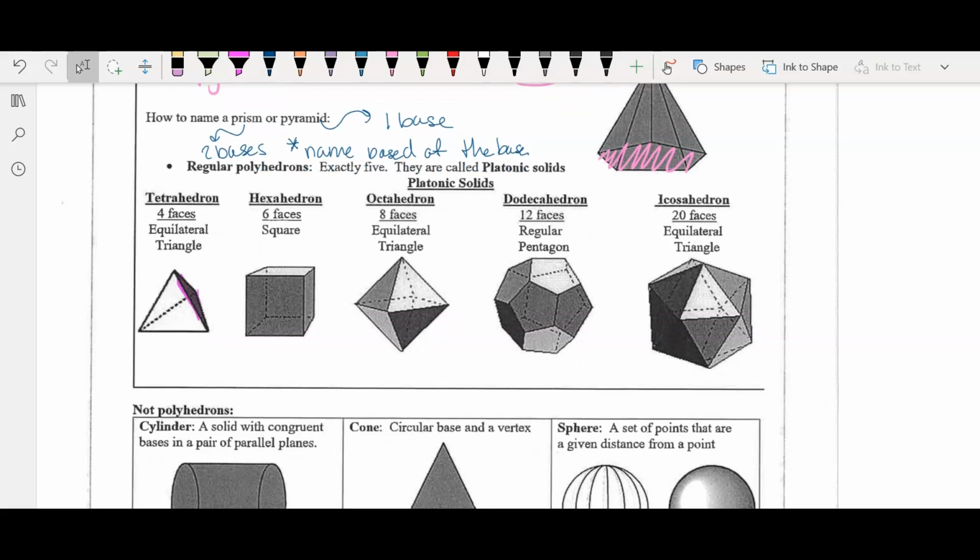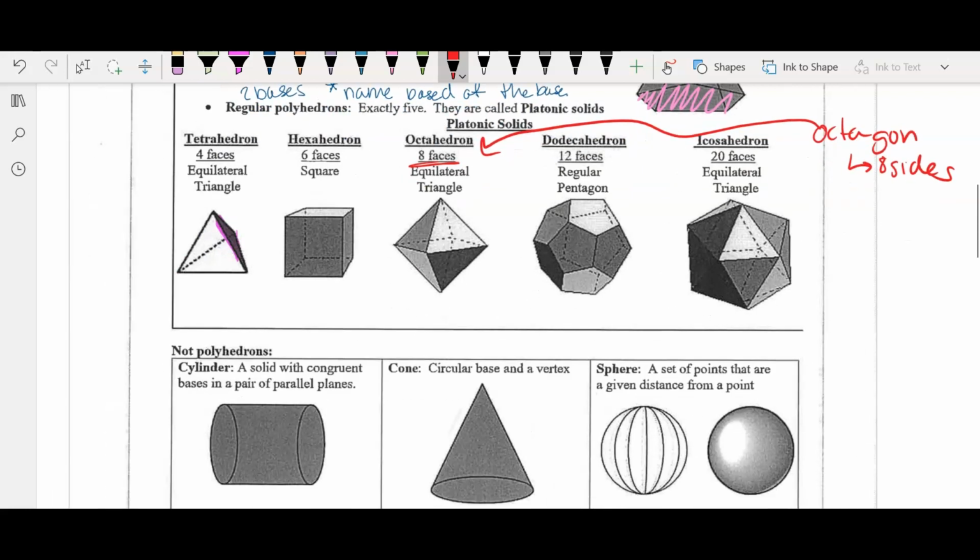It's the number of faces, whereas before we talked about the number of sides. For example, an octagon has only 8 sides, but an octahedron has 8 faces. If you count the triangles, there's one face here, here, and then 1, 2, 3, 4 down below, 1, 2, 3, 4: 8 faces, not sides.